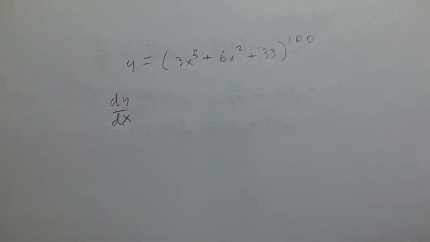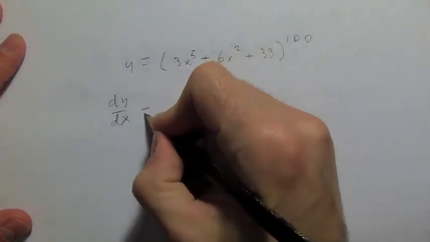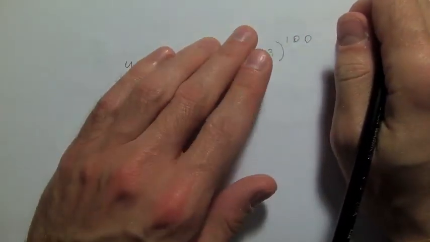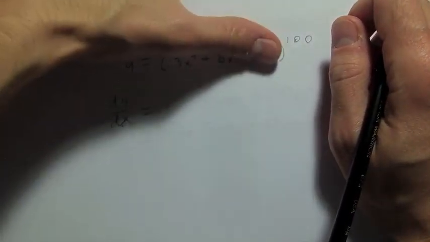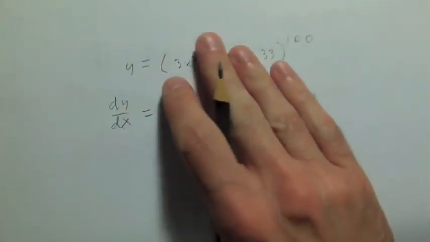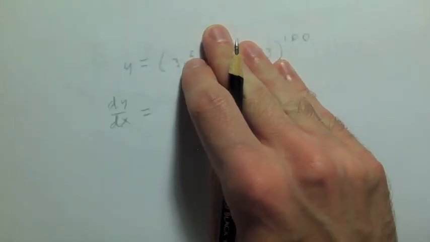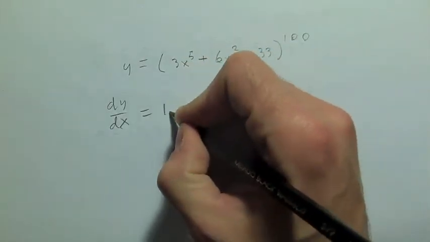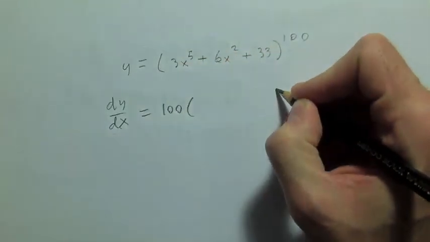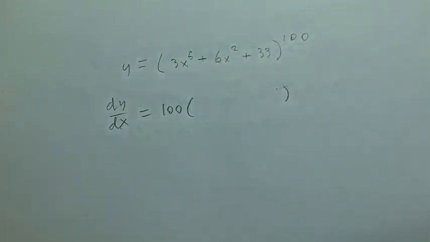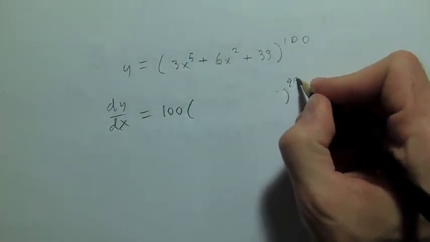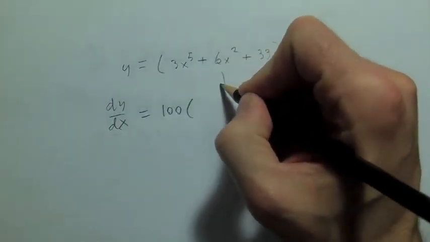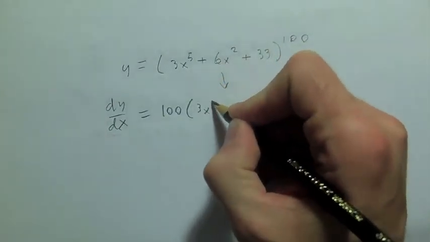But with the chain rule, all I do is I say, hey, I have some stuff on the inside here. Right, I often just cover it up. I have stuff raised to the 100th, so the derivative will be 100 times the stuff, and often I just leave the thing blank and put 99. Then I copy this part down, just verbatim.